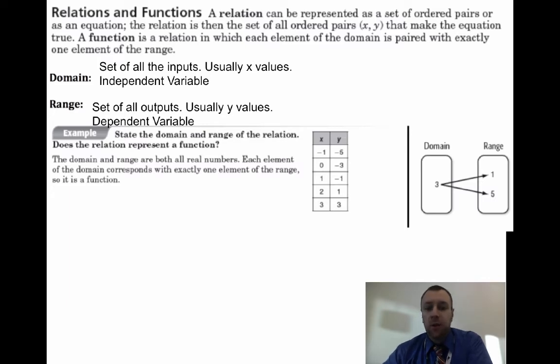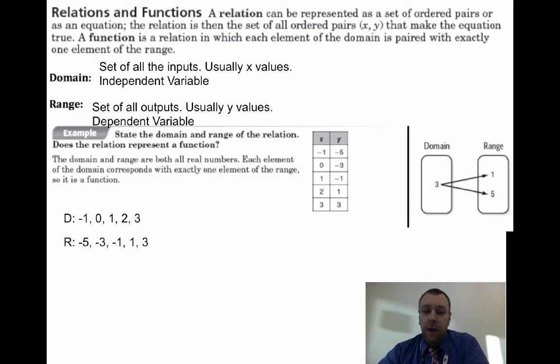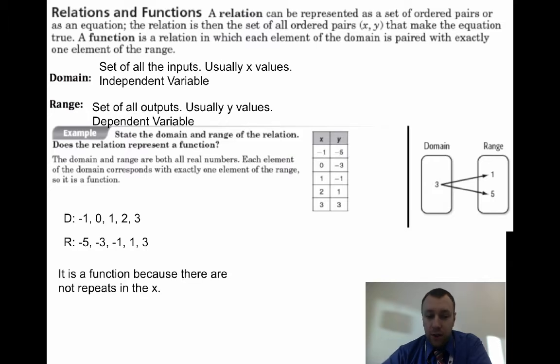Going through the first example, the domain would be all those x values: -1, 0, 1, 2, 3. The range is -5, -3, -1, 1, and 3. If there are any repeats, then I wouldn't write them. Because there are no repeats in the x, this is a function.